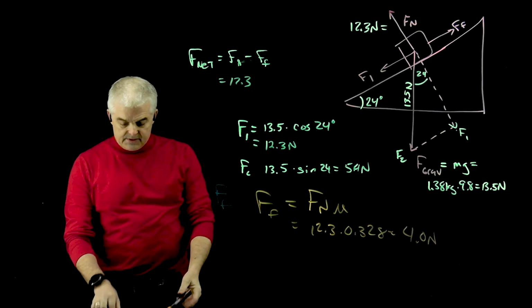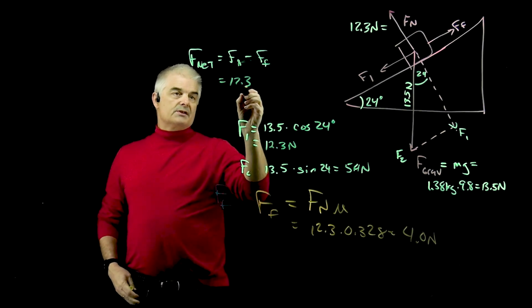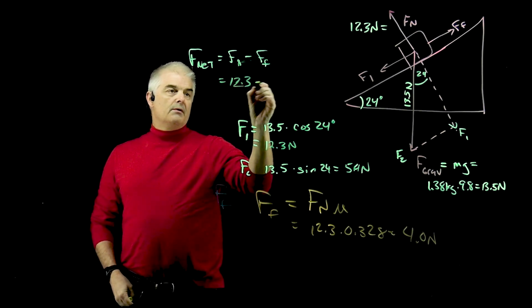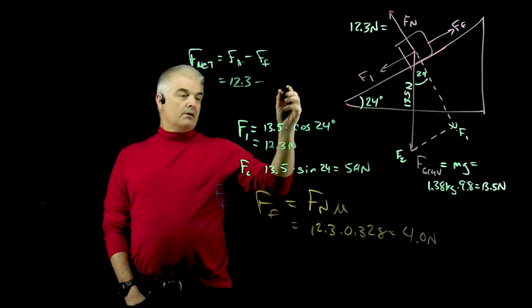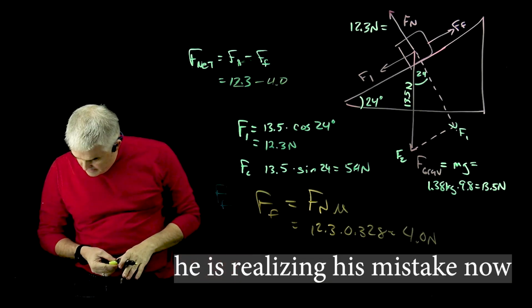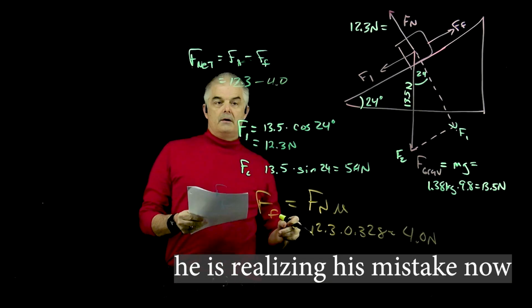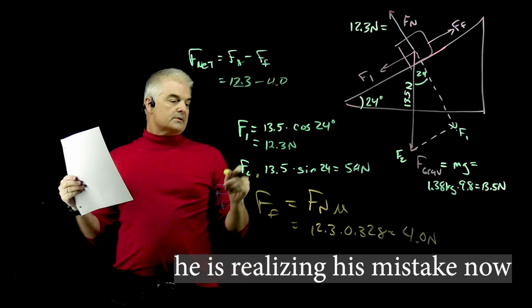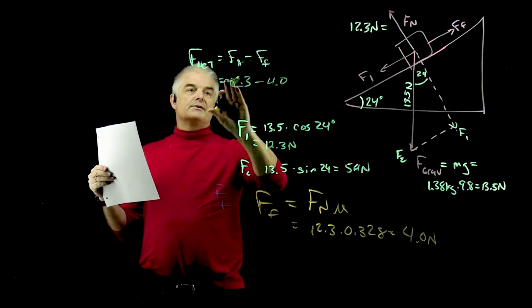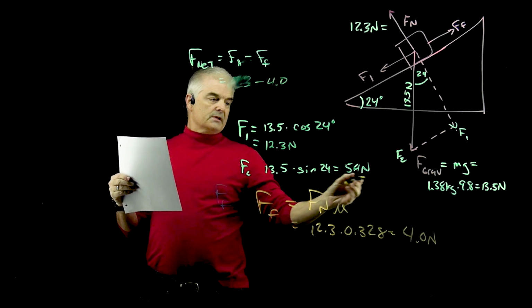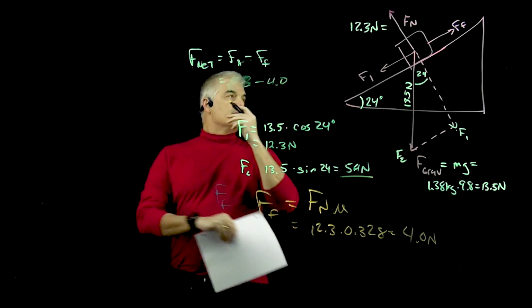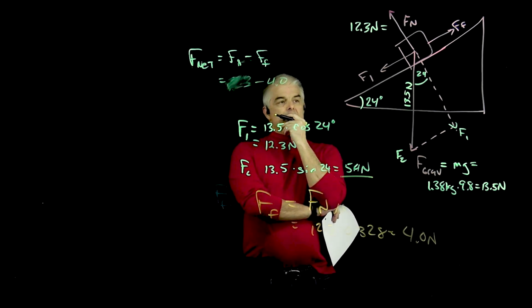So now, simply what we need to do is it's 12.3 minus... all right, that's not 12.3. What did I do wrong? This is not 12.3. This is 5.4. Hold on, F2.